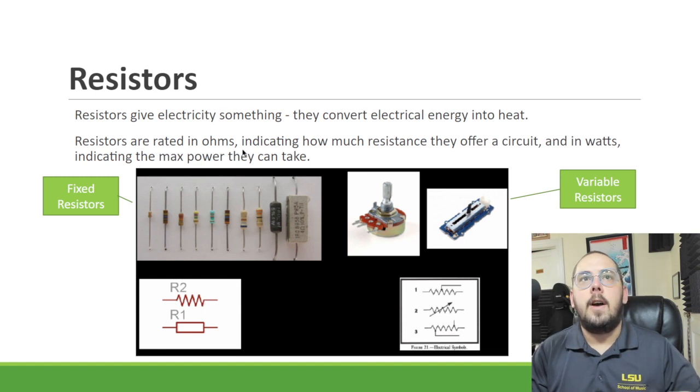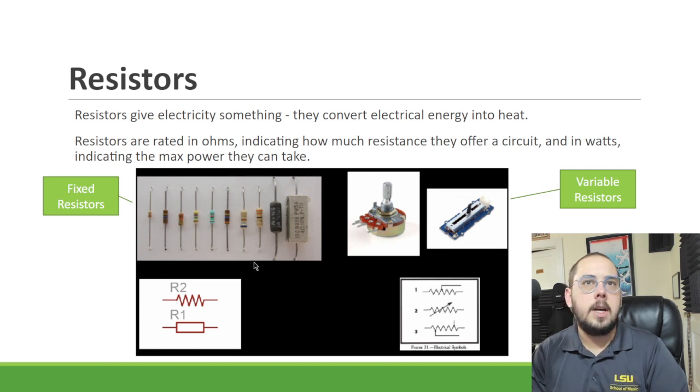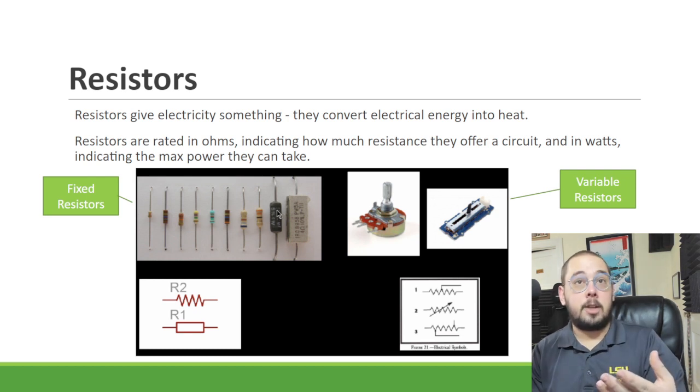The first are fixed resistors, and here's what a few real world ones look like. The current would flow through these leads, these wires, into this part in the middle, and this just impedes that flow of electricity.